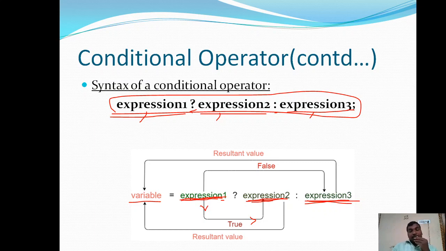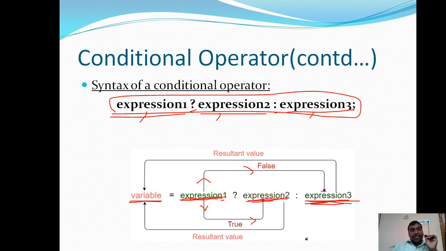For example, if the result of this expression 1 is false, then it is moved to expression 3, and expression 3 is evaluated and the result of this expression 3 is assigned to this variable available at the left hand side. Expression 2 is not evaluated.